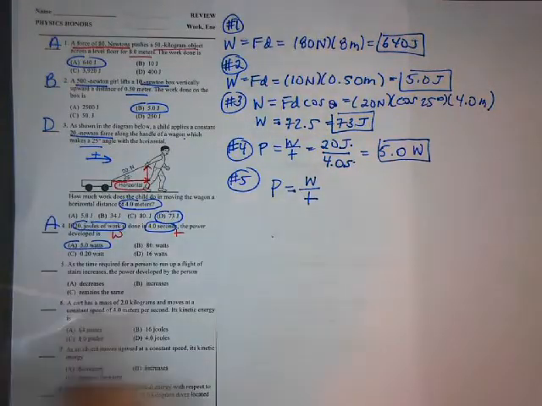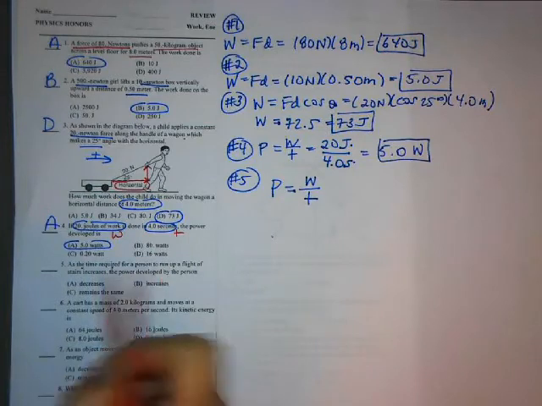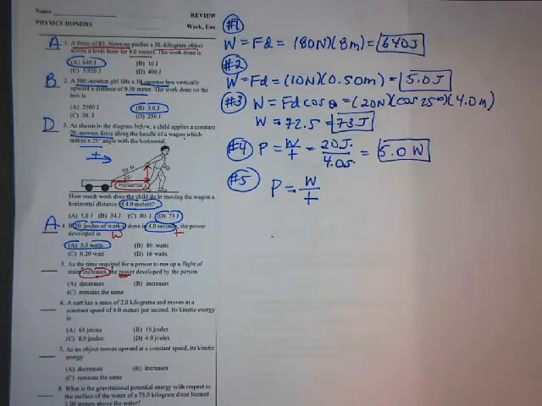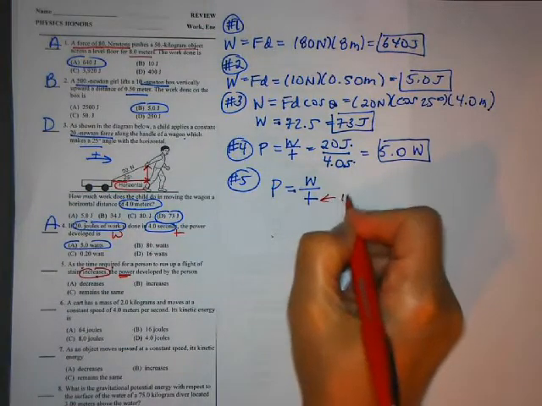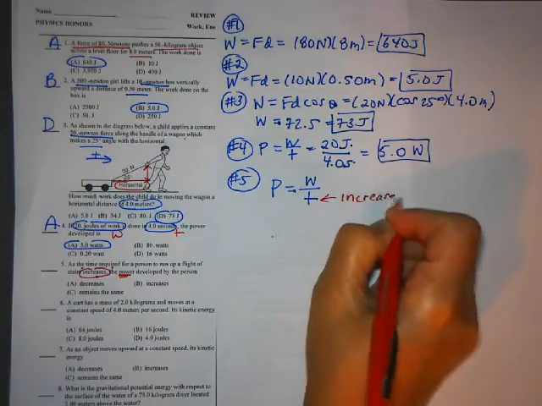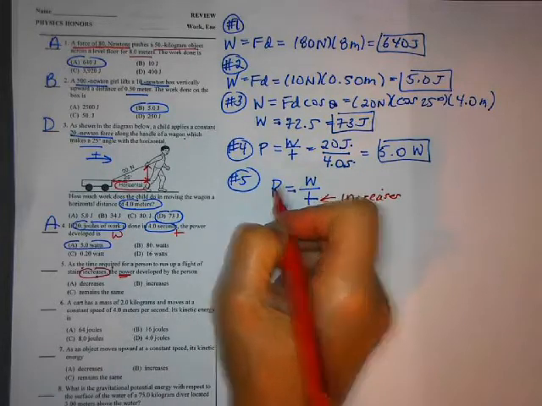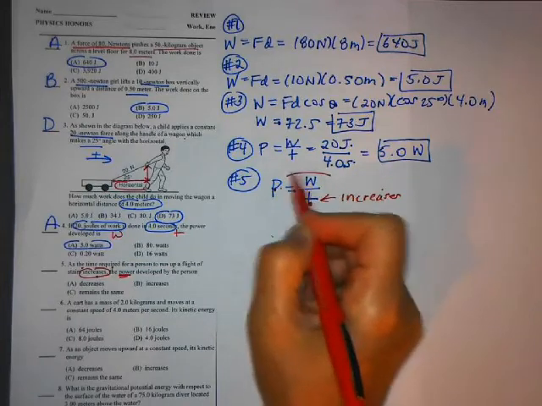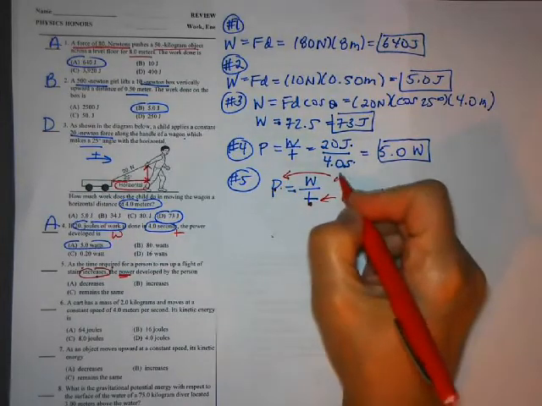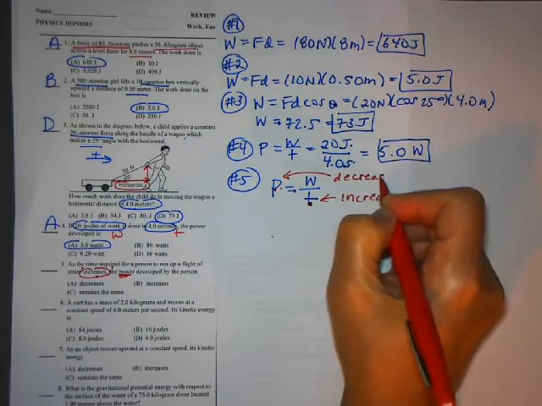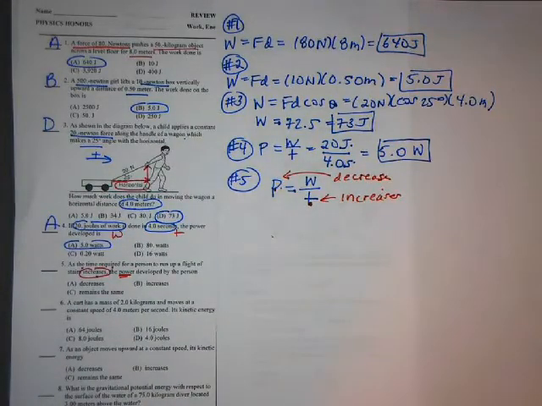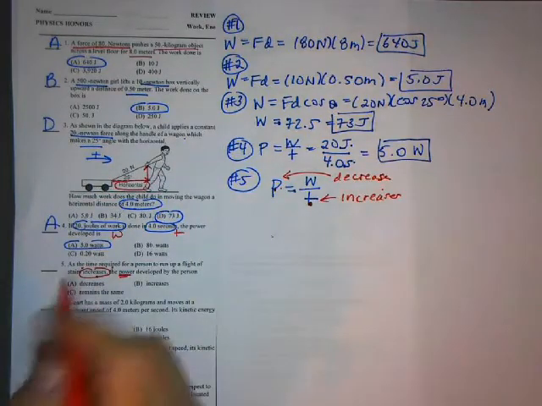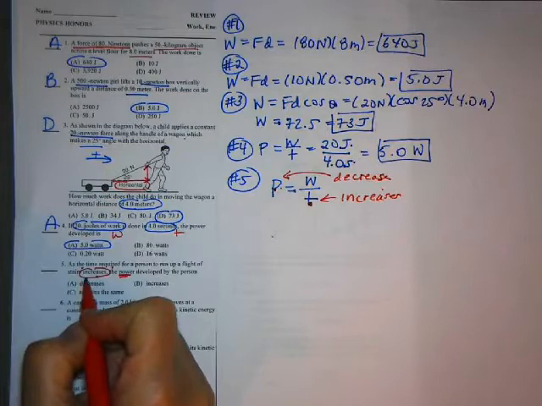The question is saying, as the time to run up a flight increases, what happens to the power? Well, time is in the denominator, so if it's getting bigger, that means power is going to decrease because they are inversely proportional in the equation. So I just write the equation down and then I look at it. The answer here is A.